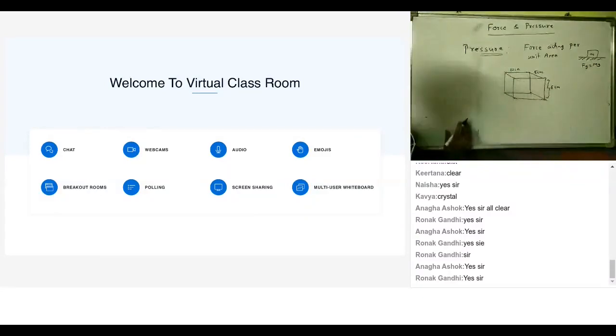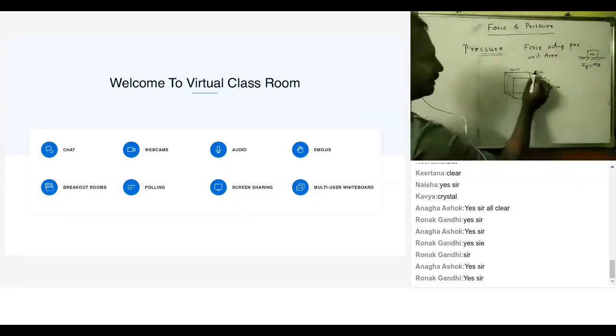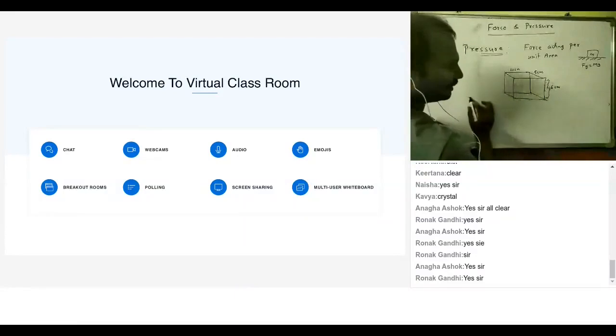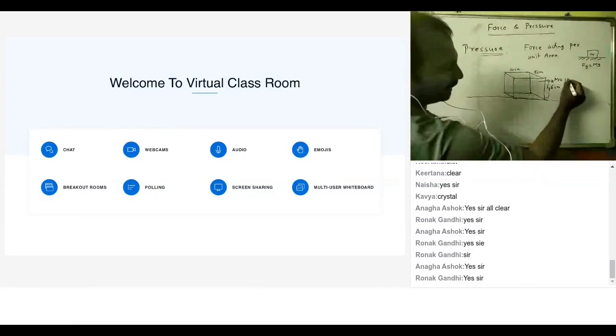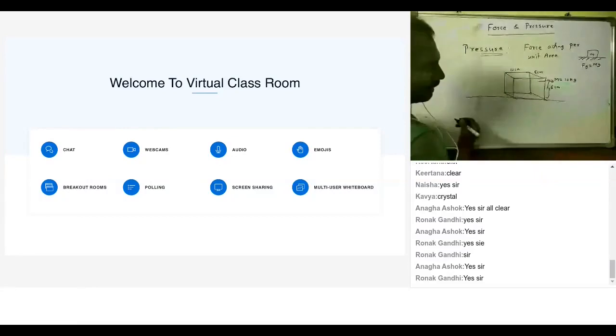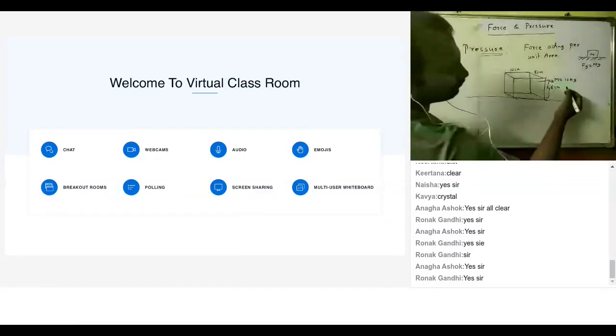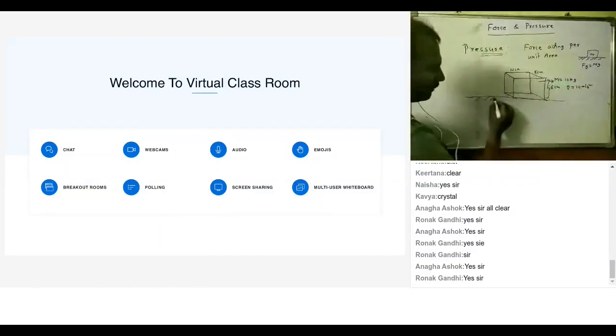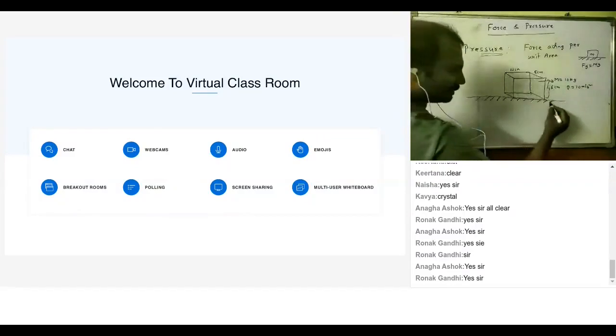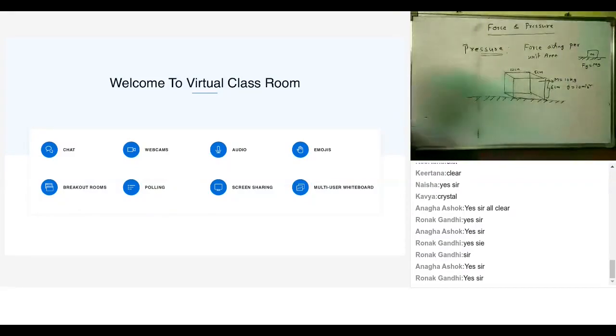So I have a cuboid like this: 10 centimeters, 5 centimeters, 6 centimeters. Now, the mass of this cuboid is 10 kilograms, and acceleration due to gravity, I can safely take as 10 meters per second square. So this is how the cuboid is placed.